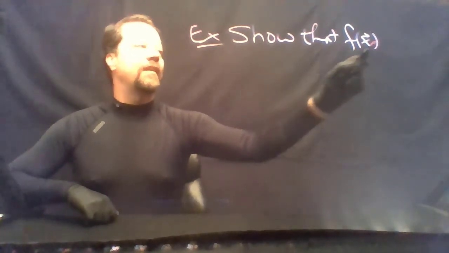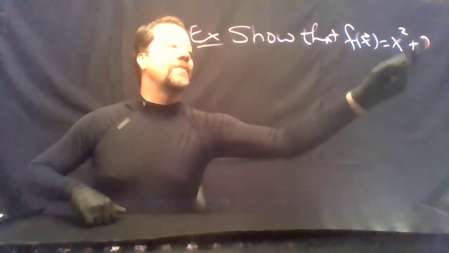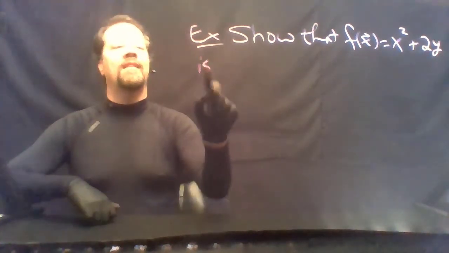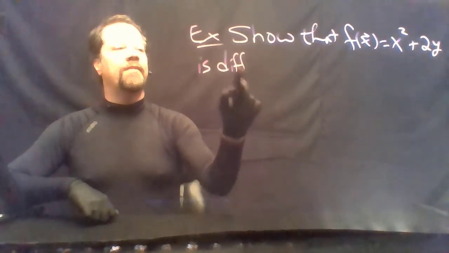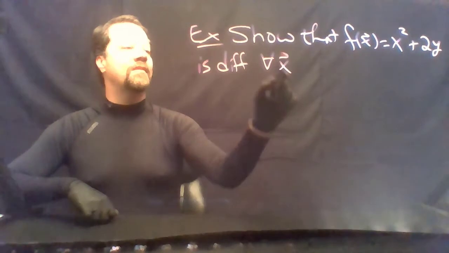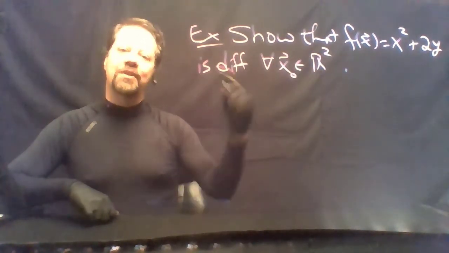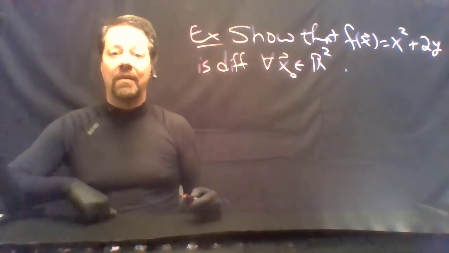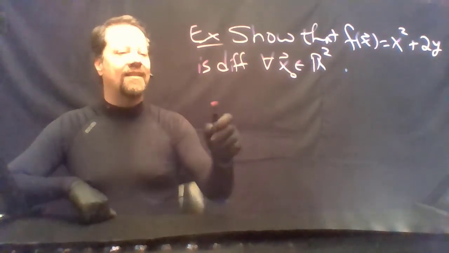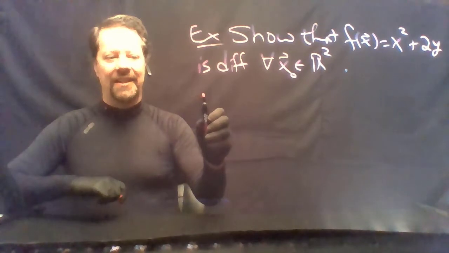We're going to show that f of x, y equals, let's say, x squared plus 2y is differentiable for all x in R2. So this function should be differentiable everywhere. It is, after all, a polynomial. So let's see whether or not it is.